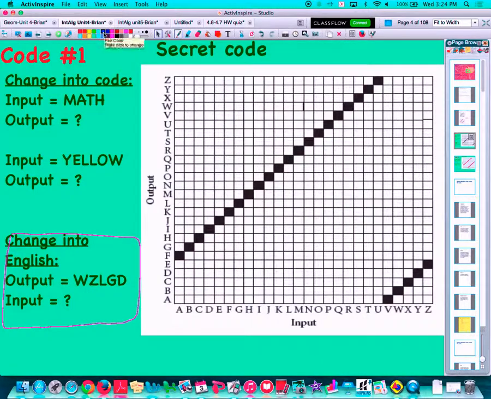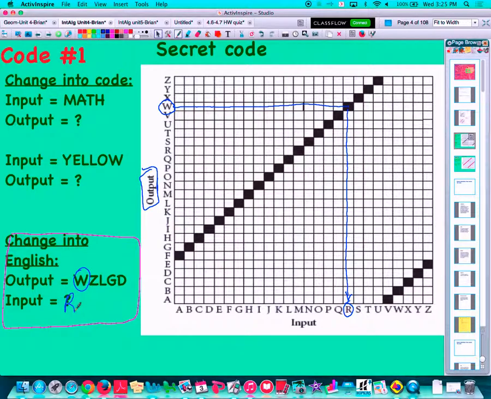Since that is the output for letter W, that means that instead of going down on the bottom to find W, we're going to go over on the output side over here and look at where W is. Since it is the output, we're going to follow it over to our graph and then down. So kind of the reverse of what we were doing in the first couple examples.